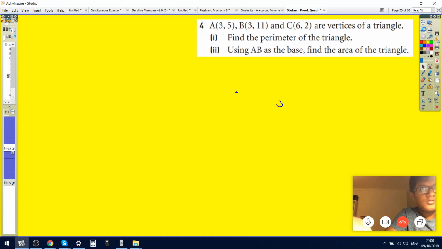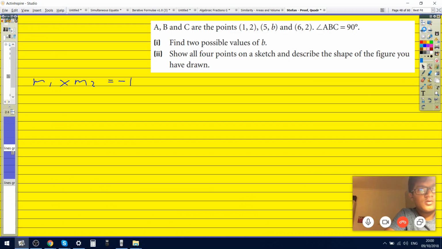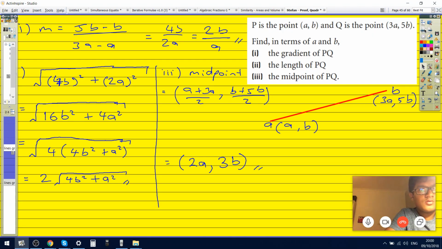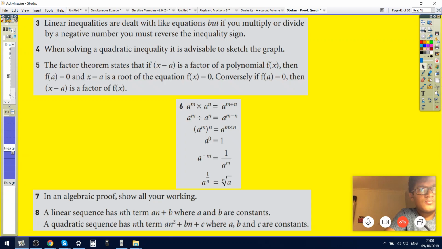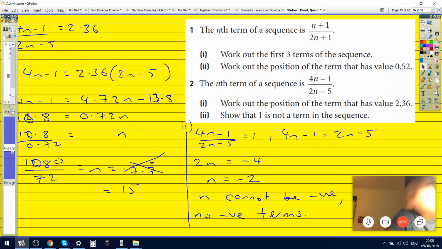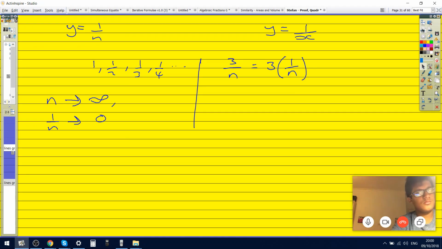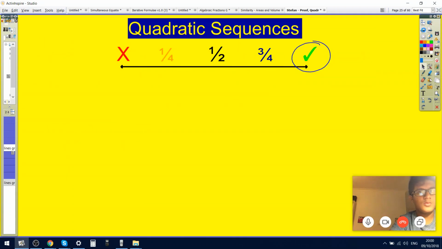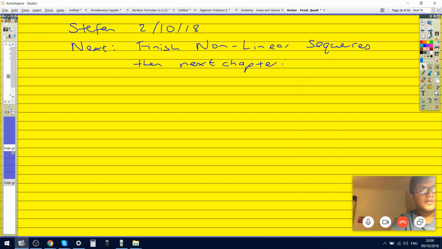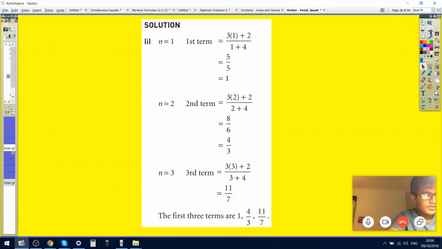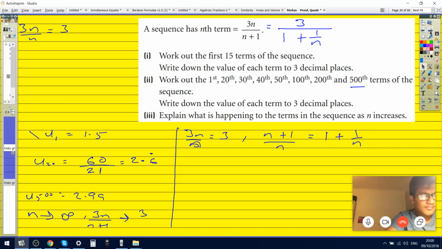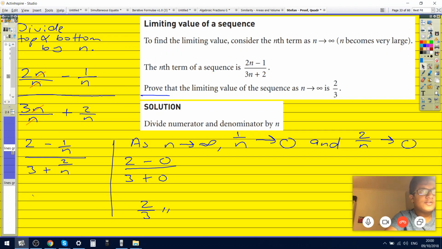Okay, let's do a quick recap. How do we find the limiting factor? If n is going towards infinity, you do the arrow. You say that 1 over n is tending towards 0.